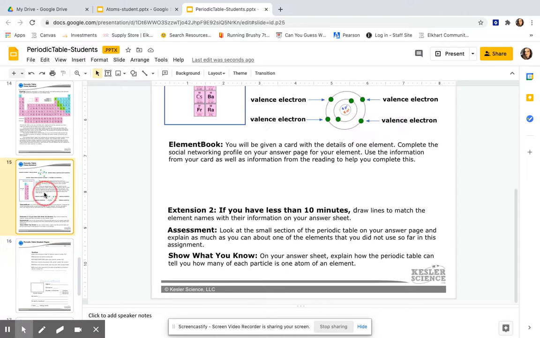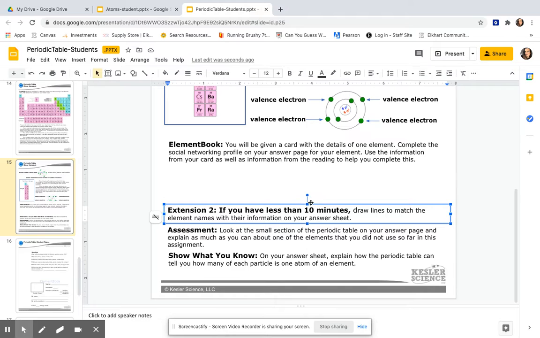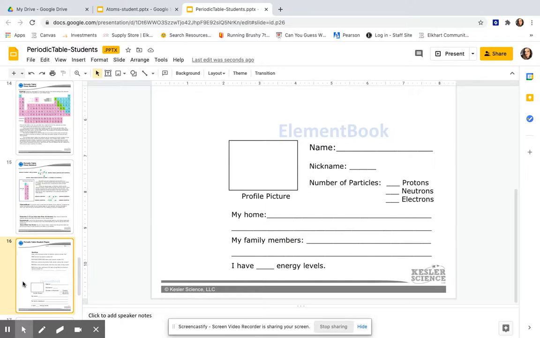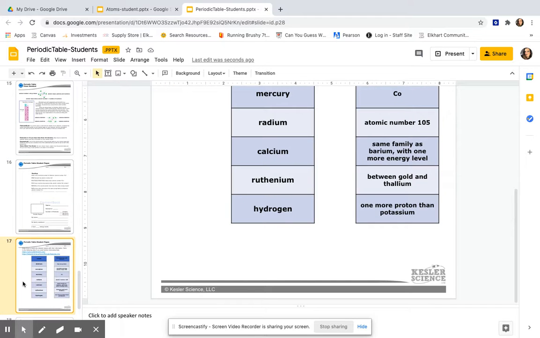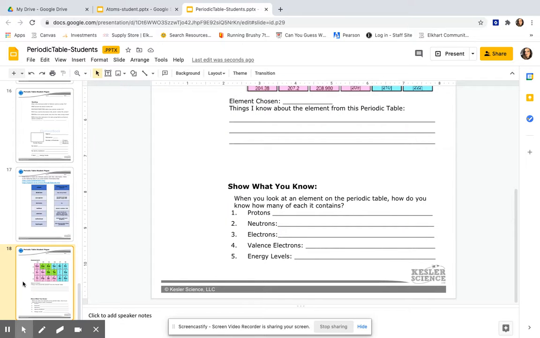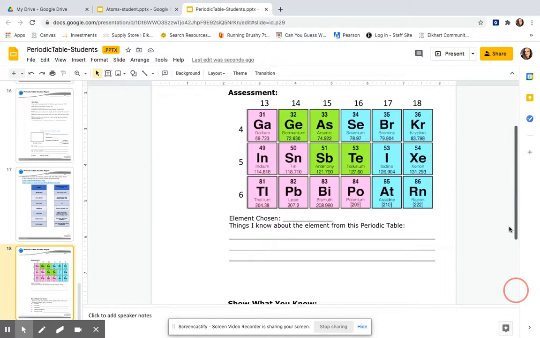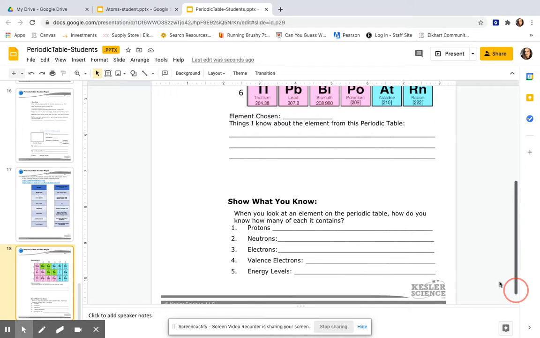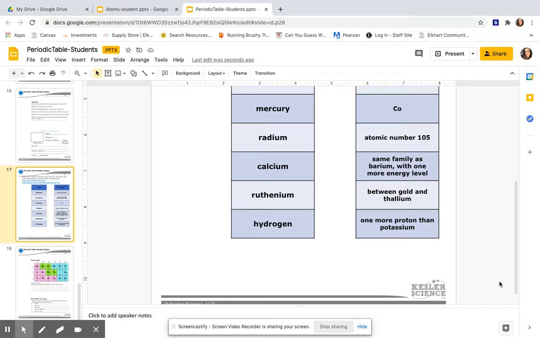So we're going to create the element book on this particular one, and then from there you are going to match them up again, and then you're going to continue to choose an element and tell me what you know about them, and then that is it.